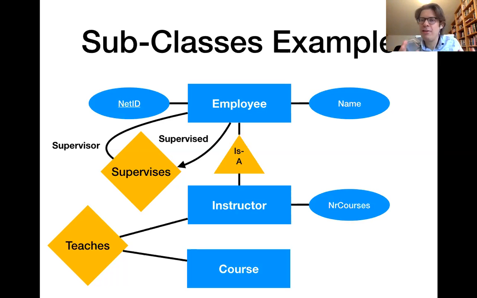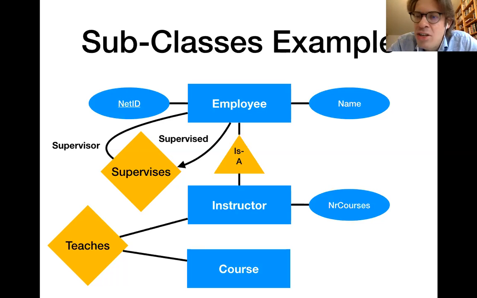Now we introduce a specific class of employees, which is the instructors, and we can represent that using the subclassing relationship. So here you have the is a relationship, and it connects the employee to the instructor. The instructor is thereby classified also as an employee, so it will automatically inherit the attributes net ID and name, even though you don't see them here explicitly in the diagram.